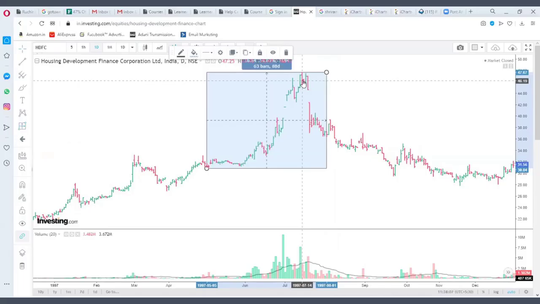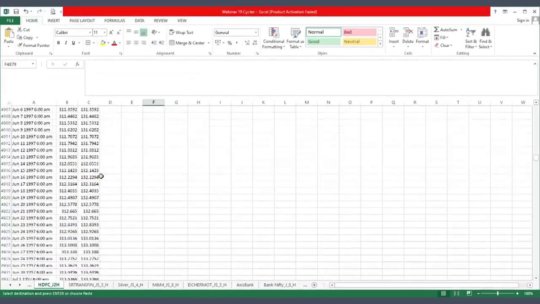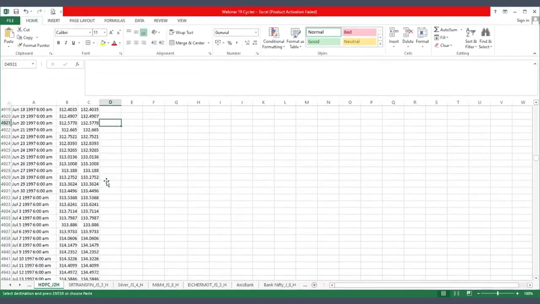So here we have a top on 14th of July. Let's see what is the degree there. This top can also be taken as 14th or 16th, whichever top we see. Let's see on Excel what is the degree on those dates, 14th or 16th of July.